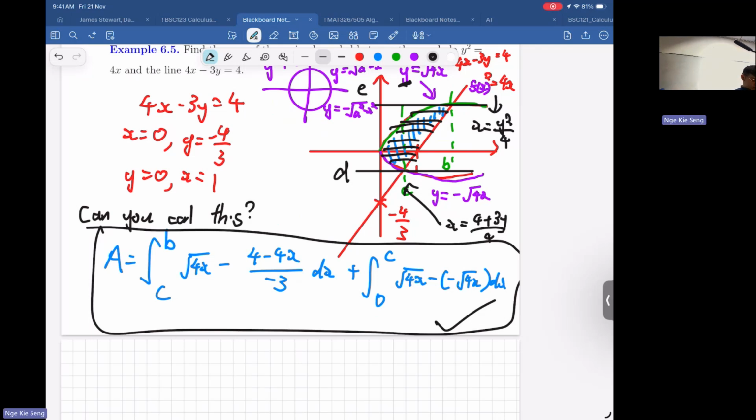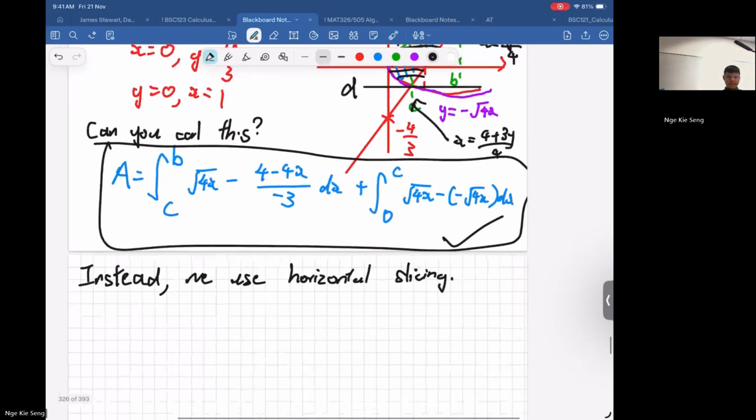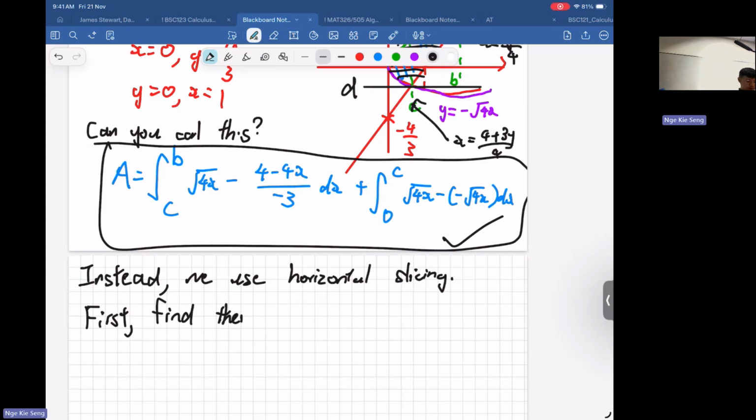Okay, how do we intersect them? Well, first, we find their intersection point.